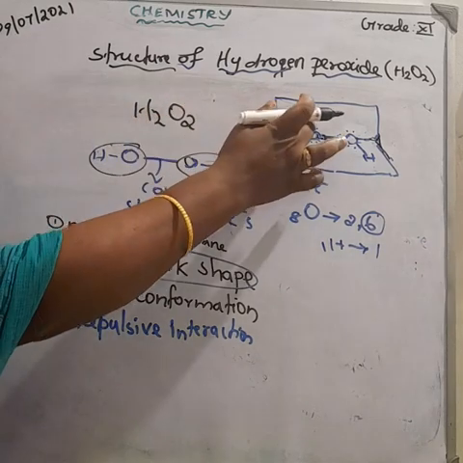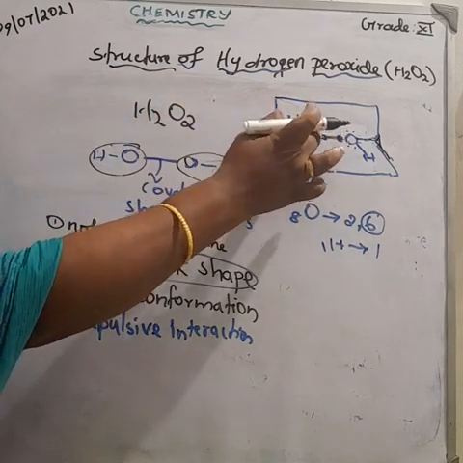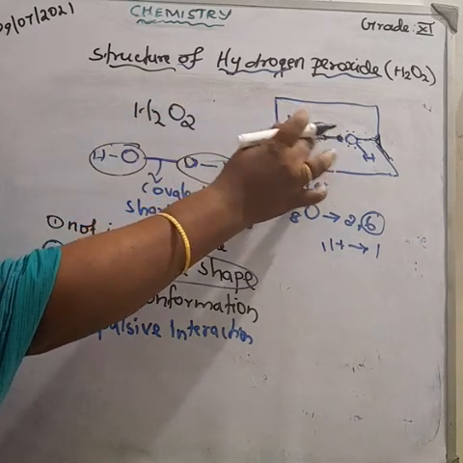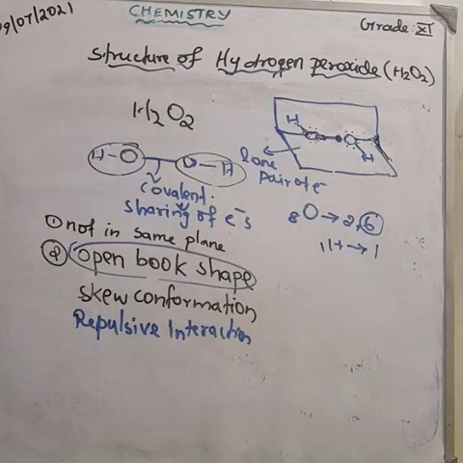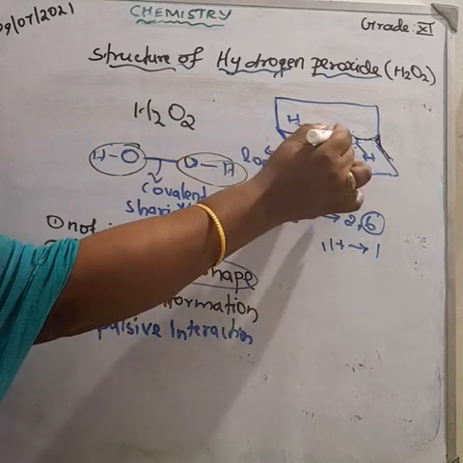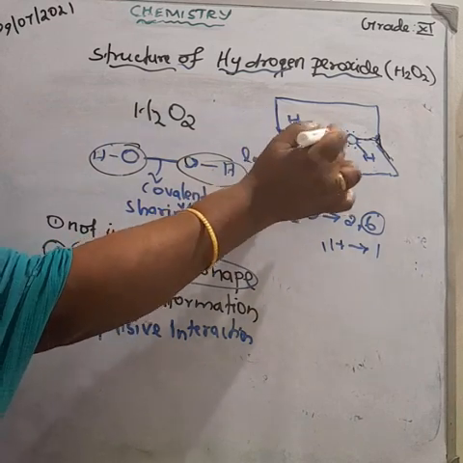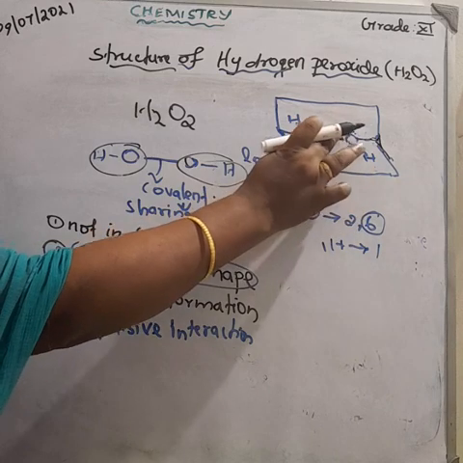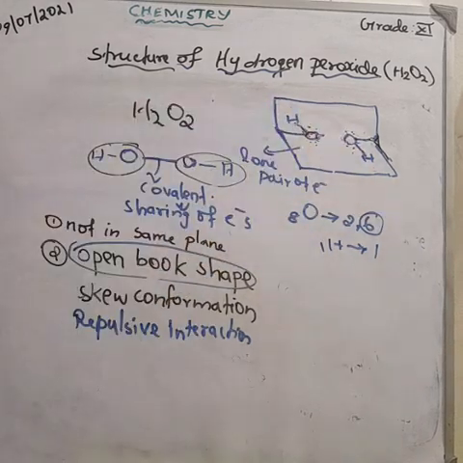Here 4 extra electrons, and here also 4 extra electrons. It is an electron-rich compound, so the two repel each other.